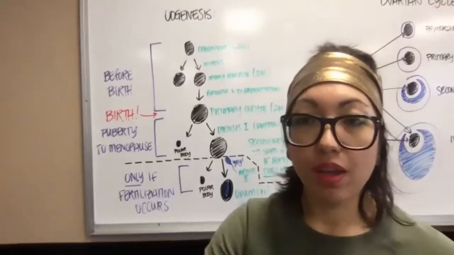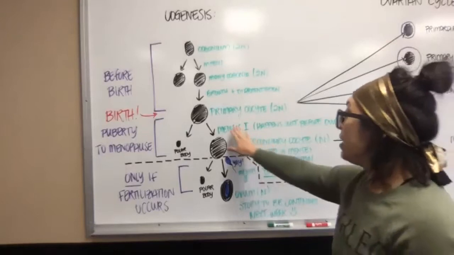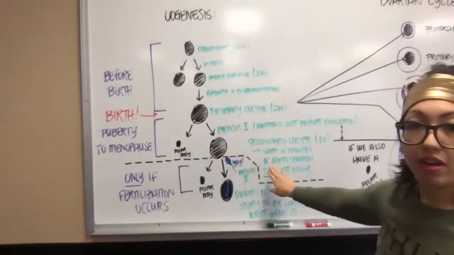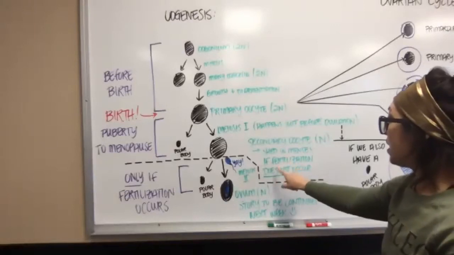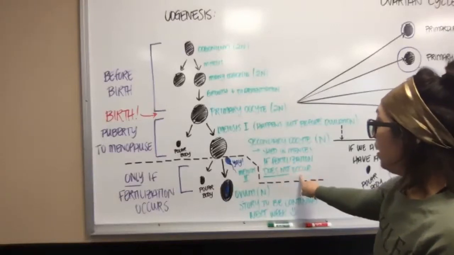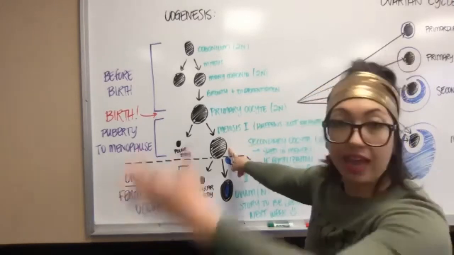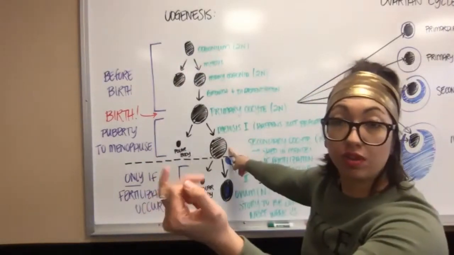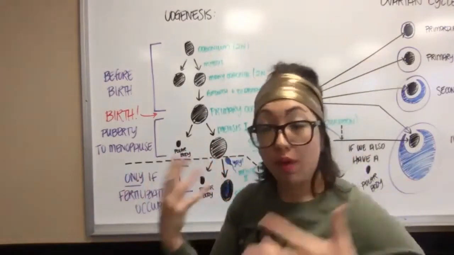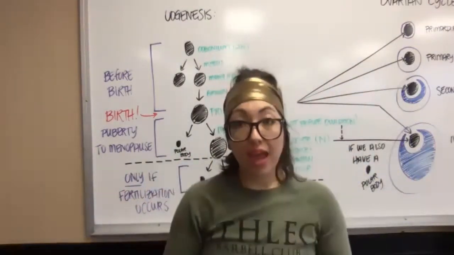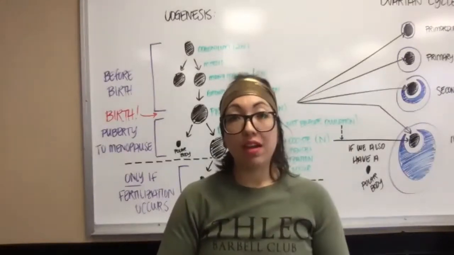Okay, good. All right, so then this secondary oocyte, my note here says, shed in menses if fertilization does not occur. Meaning this right here will end up going into the uterus and gets shed. A female's period is a way for her body to hit the reset button every month.